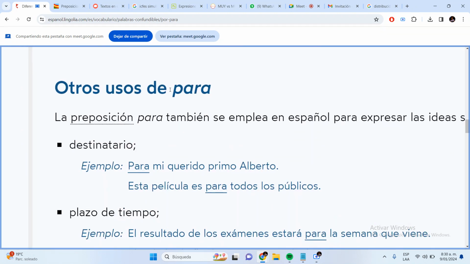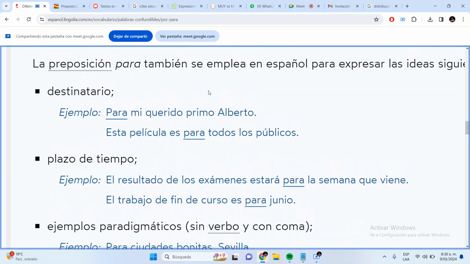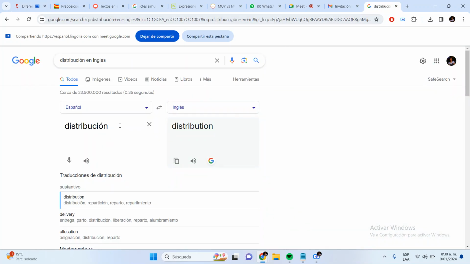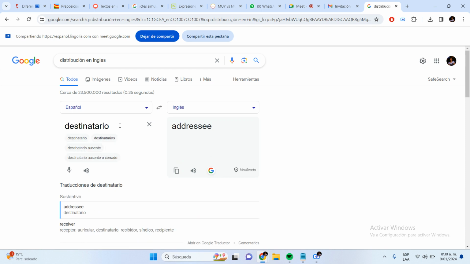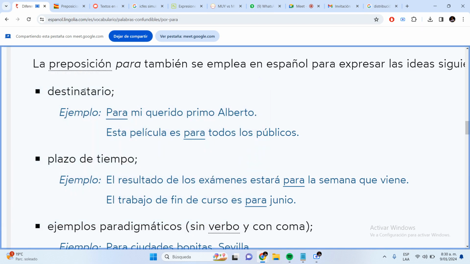Now, let's talk about para, some other cases where you use para. If you're going to do something or give a gift, you're going to use para when you're making reference to the person who is going to receive that, the receiver.